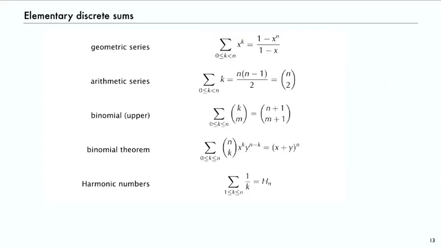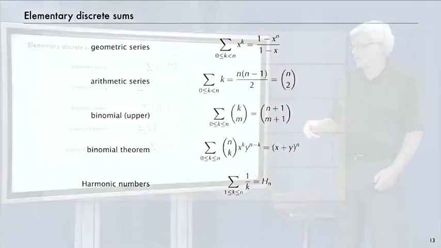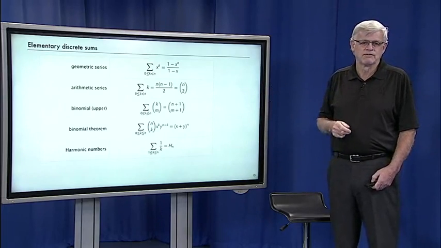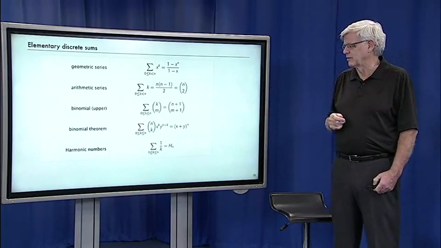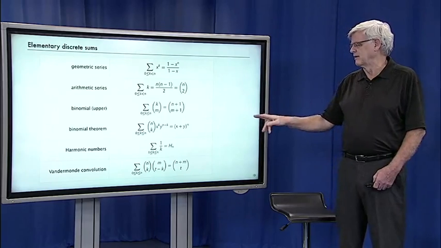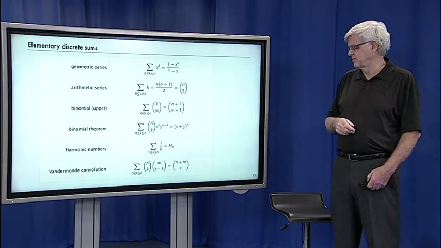Here's one that turned up for quicksort. That's the harmonic numbers. The sum of 1 over k for k from 1 to n is defined to be the harmonic number H_n. That's a discrete sum that comes up very often in the analysis of algorithms. And then there are more complicated ones that involve more complicated summands.